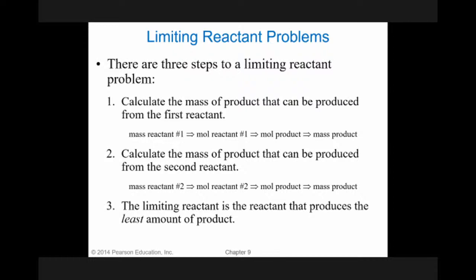If you have mass, you're going to go to mole, then mole again, then to mass. That's something we learned when we were doing mass stoichiometry. See why that stuff is prerequisite? You cannot do limiting reactant if you don't understand all that stuff we talked about.